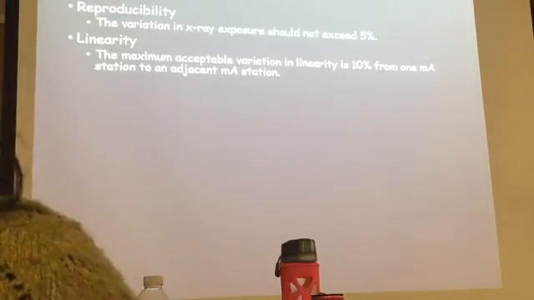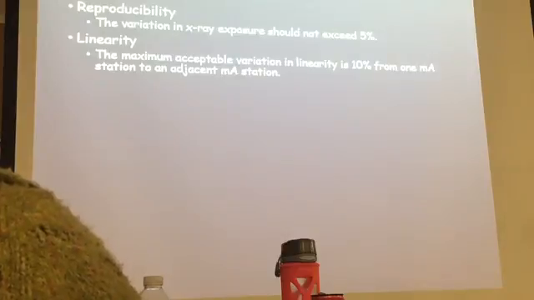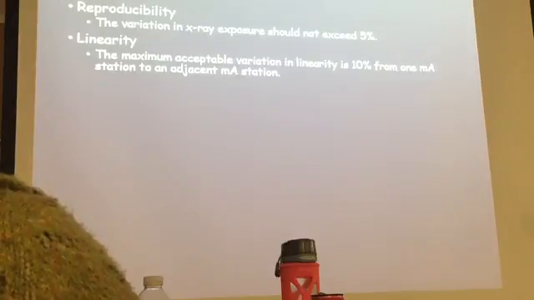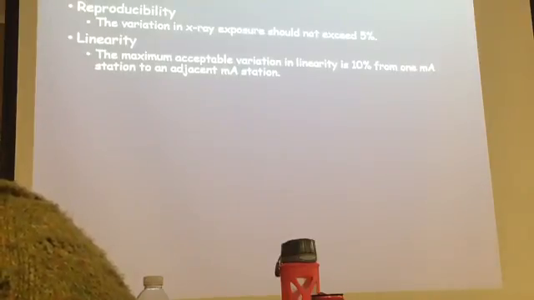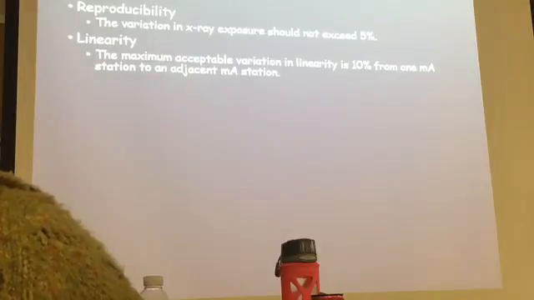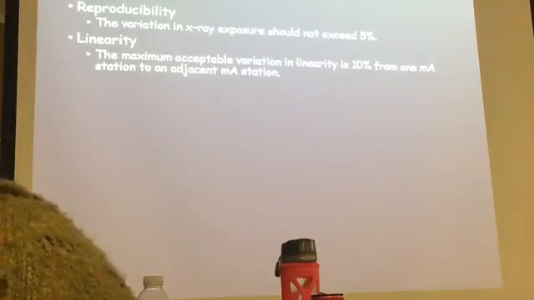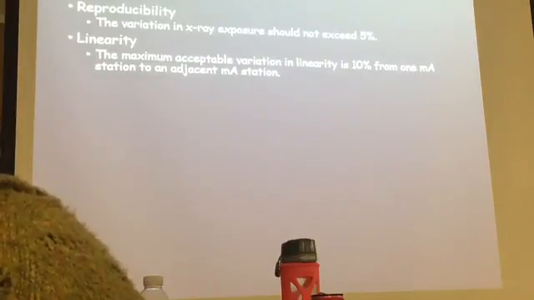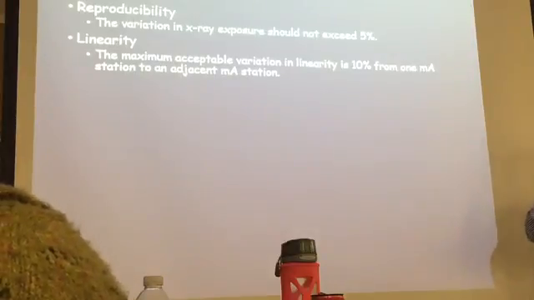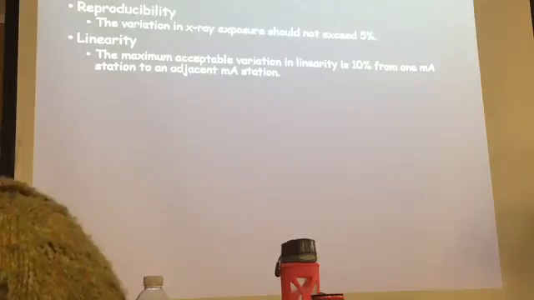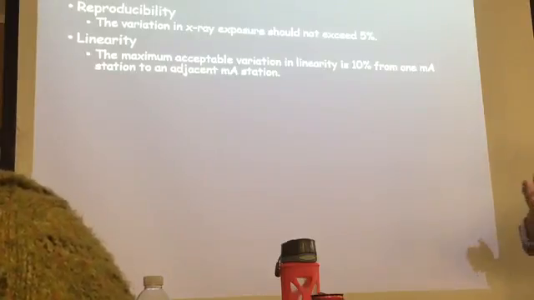So that's increments, what you measure. You measure with different mA stations, and you measure it with different times as well. This is important because, and I have always said this, X-ray equipment, as sophisticated and as fancy as it might look, is not perfect, not nearly perfect. Especially when your times are very short. We're going to test it next year too.